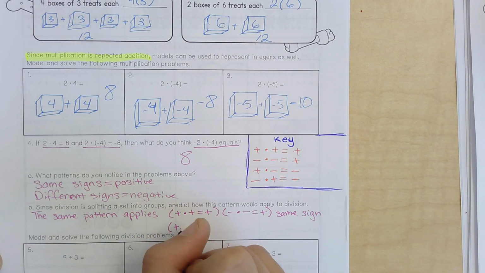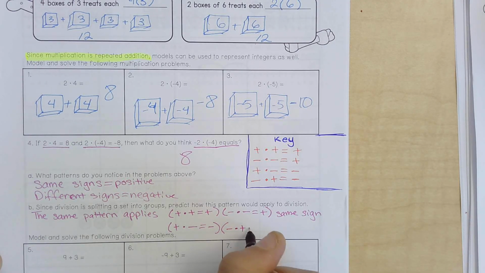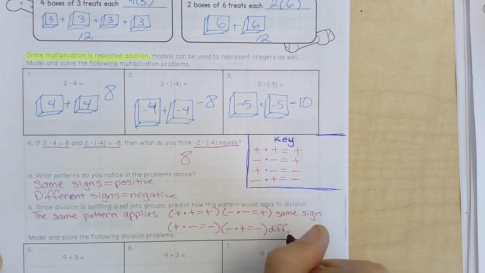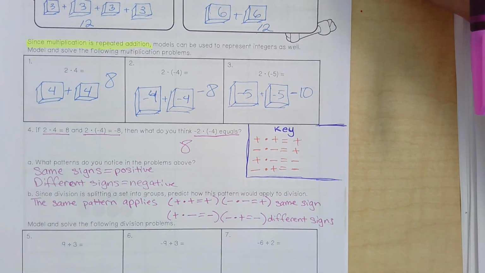On the bottom, I'm going to add different signs. Okay, we have a positive times a negative. That's going to equal a negative. And a negative times a positive will also equal a negative. And I'm going to write different signs. Because that's really going to be true, whether you're multiplying or dividing.